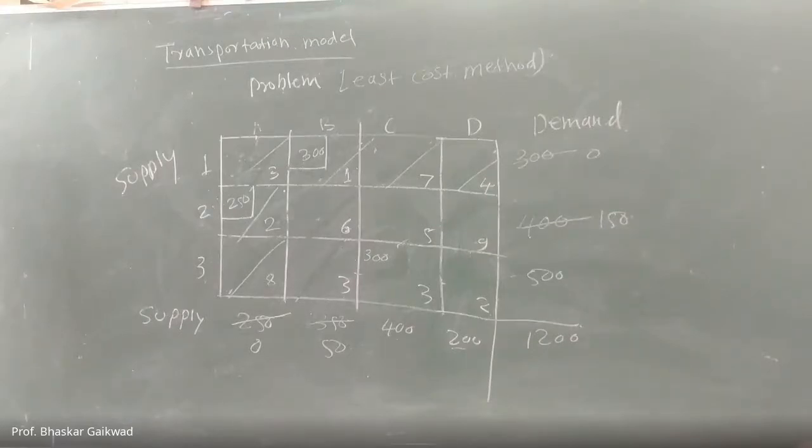In the first row, 6, 5, 9. Okay. 6, 5, 9. Which is the least value in this case? In the second row, which is the least value? 5. Okay. So 5 is the least value.